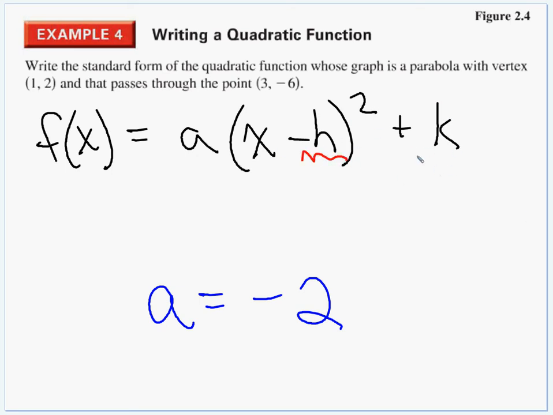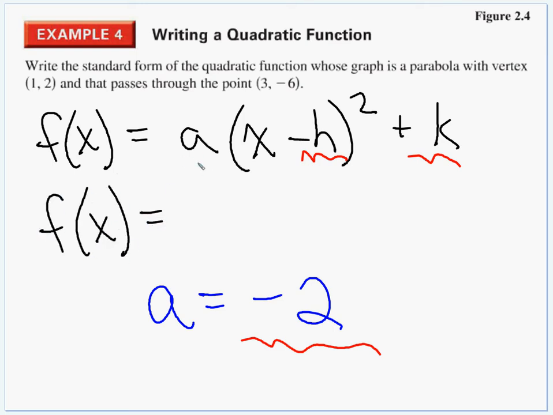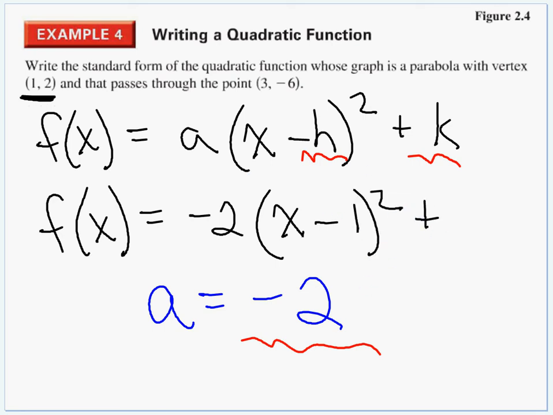That was pretty important right at the beginning, h and k. And now we've found the a value. So we can write our final answer, our standard form of this parabola, f of x equals, it's no longer just a, it's now -2 times x minus 1 quantity squared, plus the k value was 2.